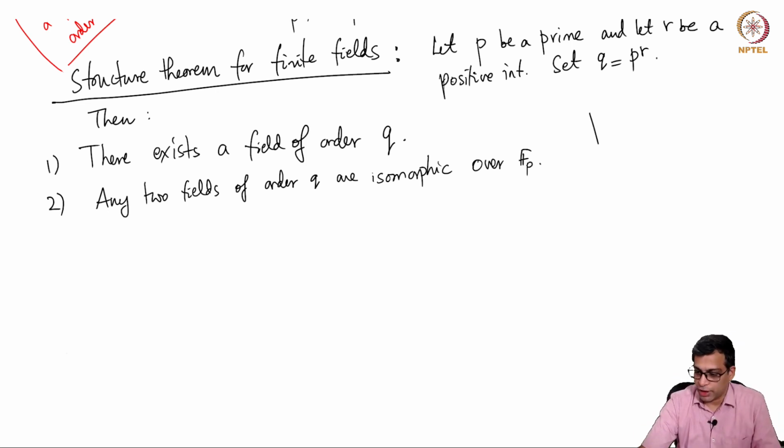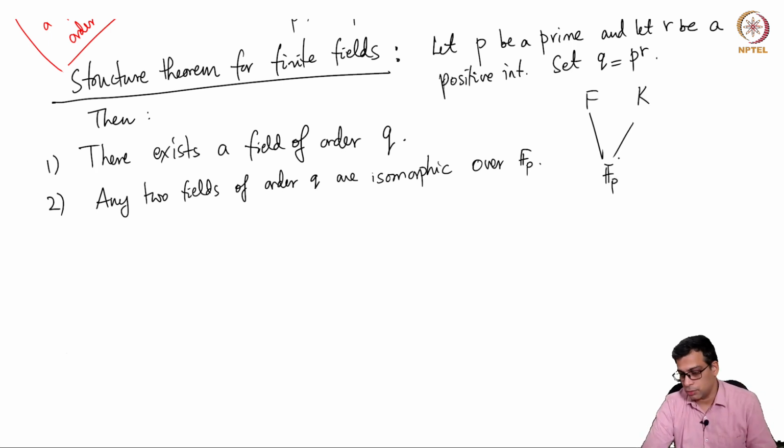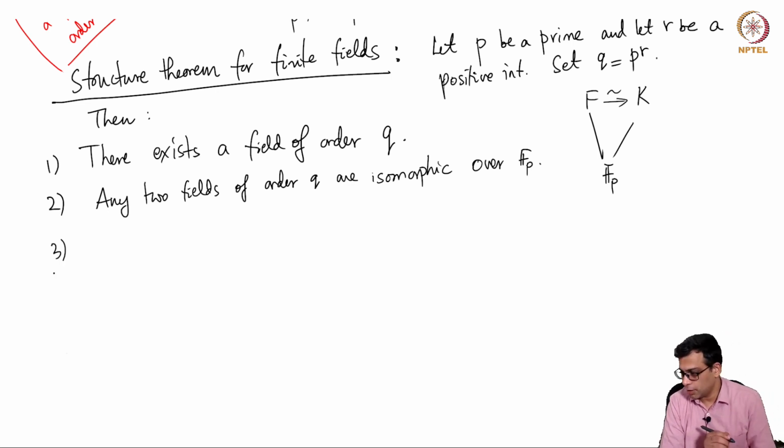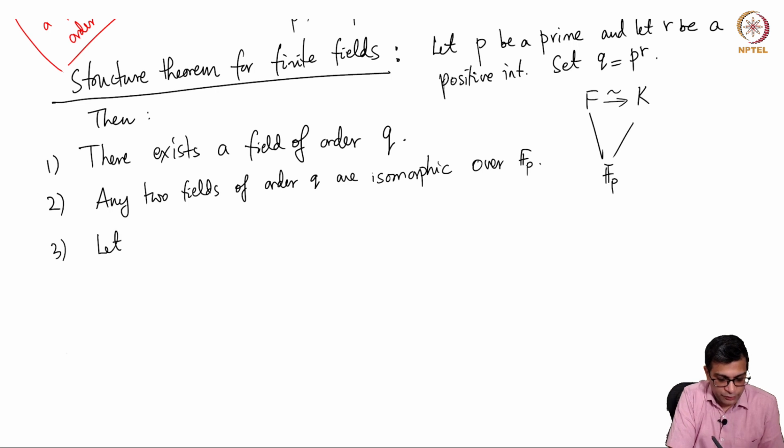They are both extensions, as I said. Any two fields of order q are extensions of Fp. There is an isomorphism like this. Okay, so let K be a field of order q.